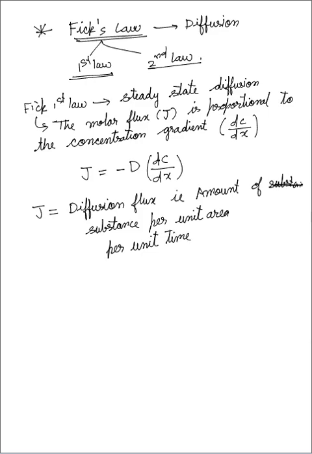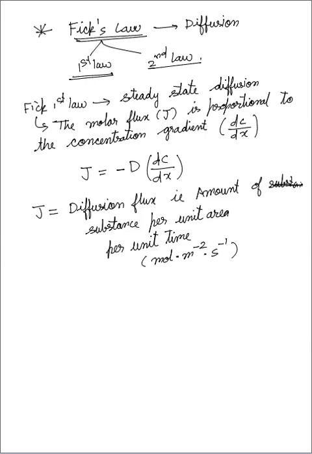So what will be its unit? Amount of substance, so mole, per unit area means meter raised to minus 2, per unit time means second raised to minus 1. This will be the unit.